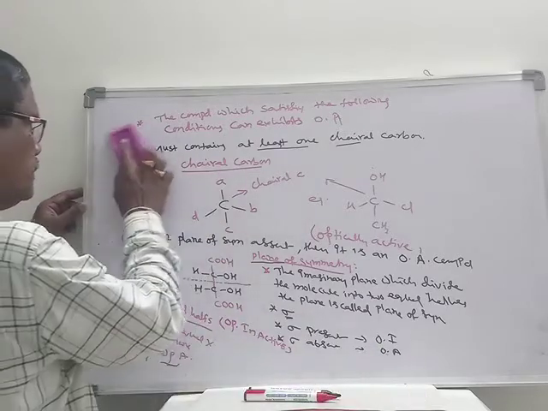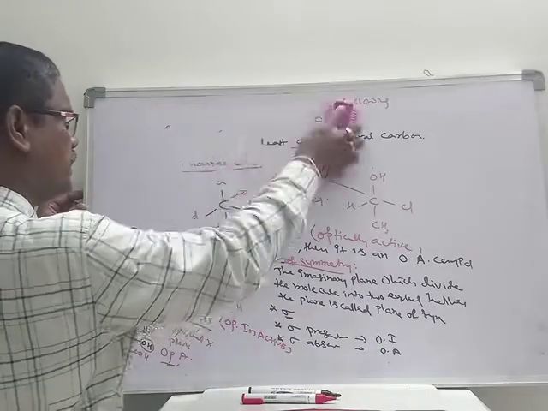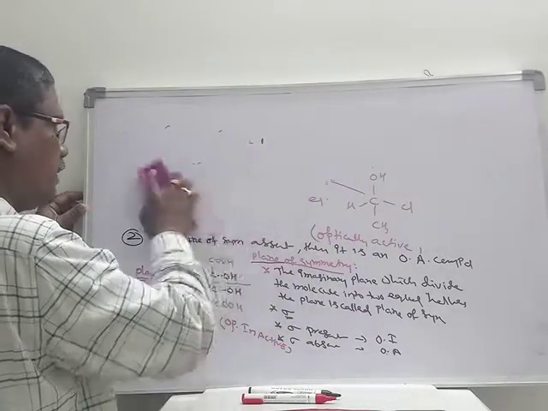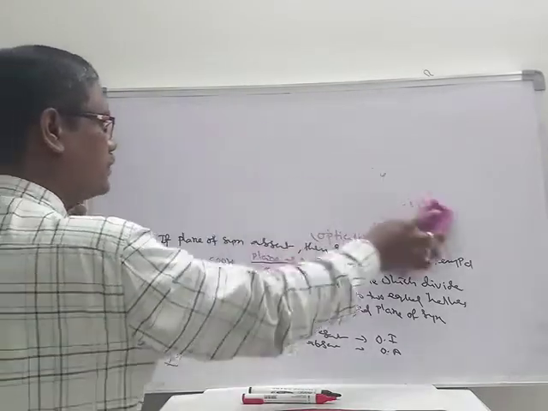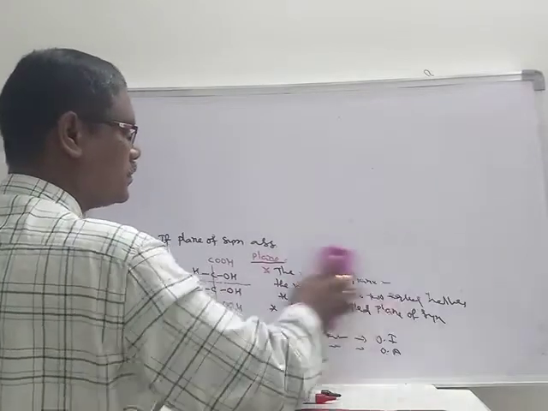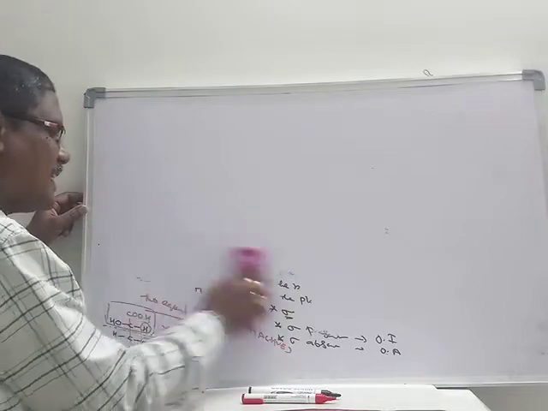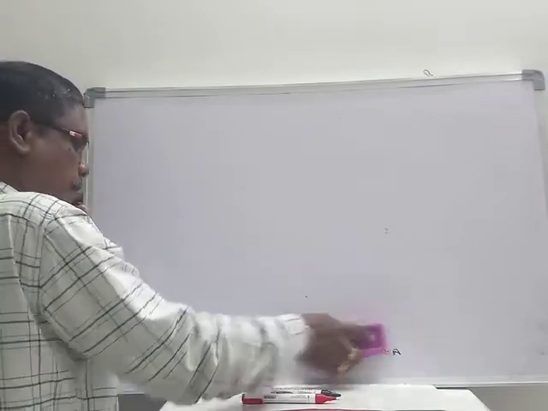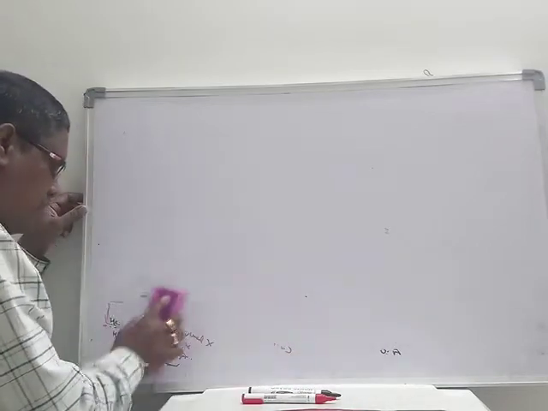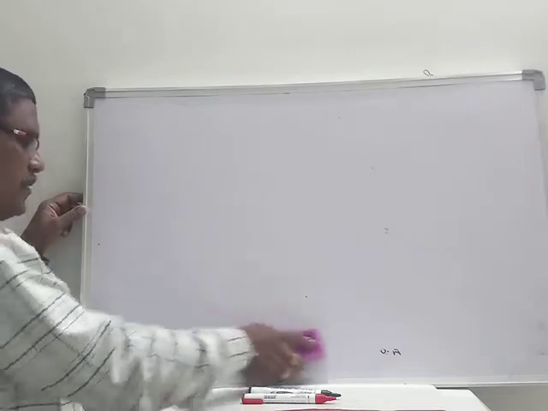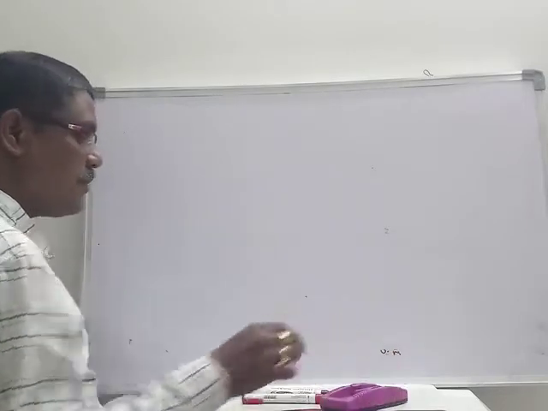Now, third point: center of symmetry must be absent. These are called symmetry points.